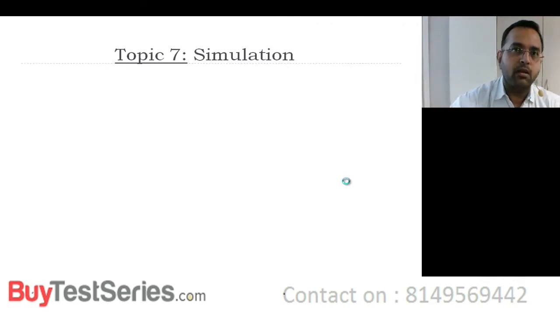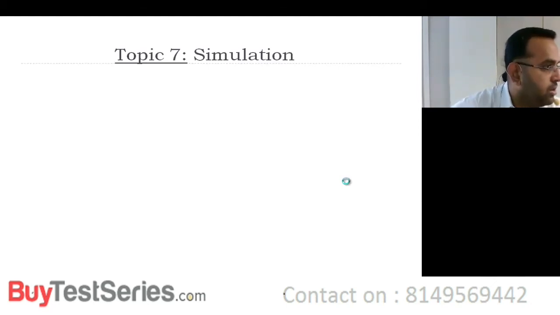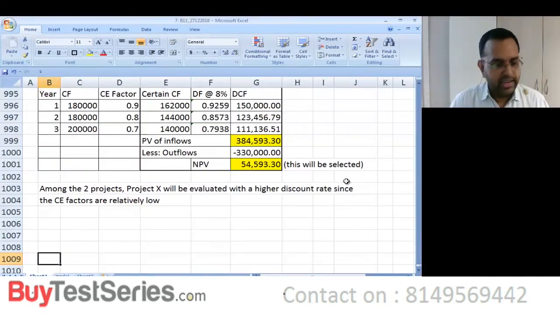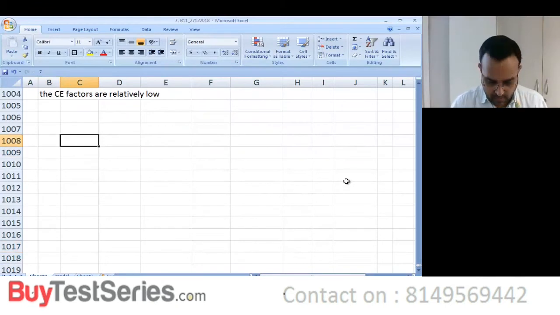In simulation, we use something called a random number table. The random number tables are used to find out the probability of that happening. For example, in Excel, you should be aware that we have this RAND function.